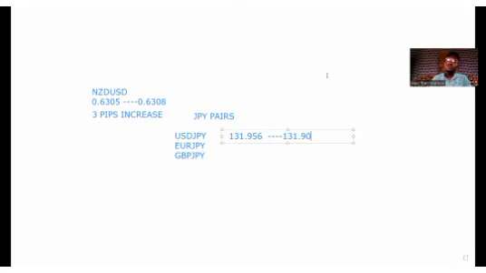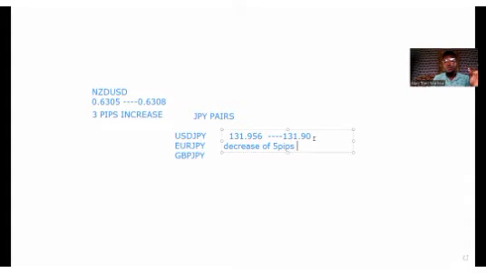So now the difference between this, if you press your calculator, you see that there is a 5 pip difference. So there is a decrease of 5 pips.